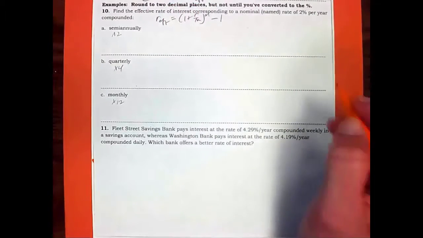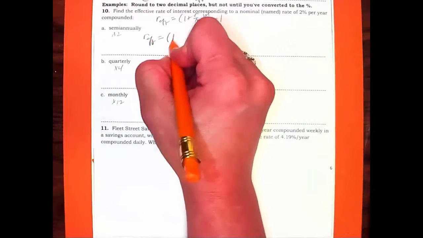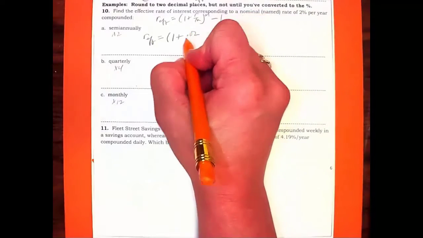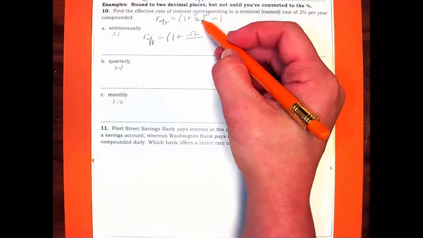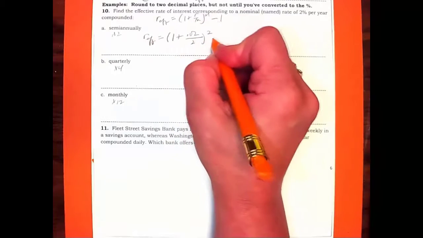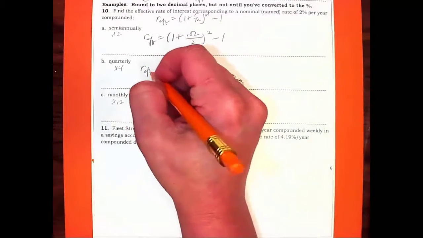So REFF is equal to 1 plus, R is going to be the 2%, so 0.02. M is your number of compounding periods in a year, so semi-annually is 2, to the second power, and then minus 1.